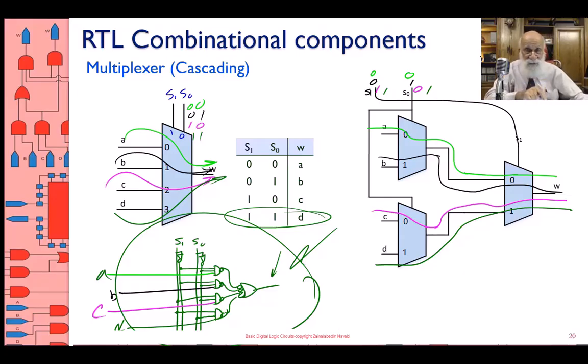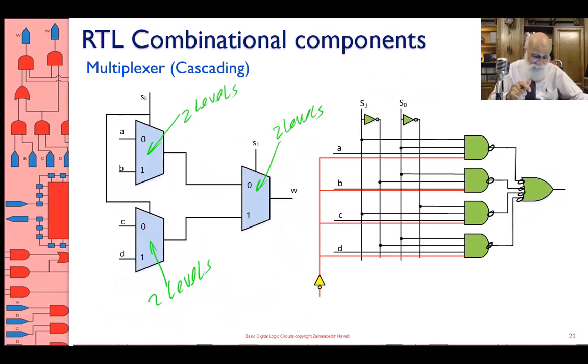The same thing I did with the decoder: in addition to cascading them like the tree structure I'm showing here, I can cascade them by using decoders as well. In order to make it cascadable, I'm going to add an active low enable.